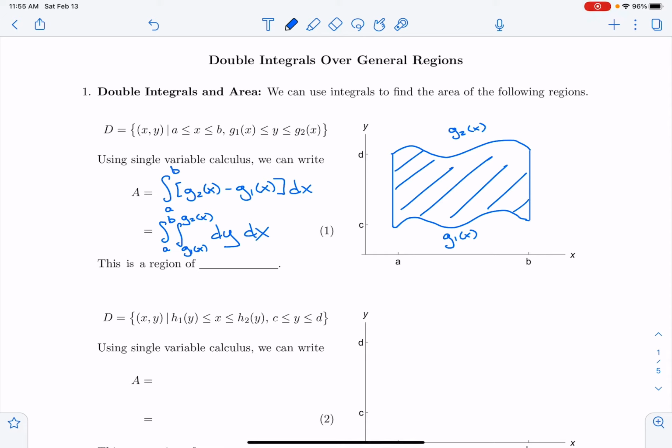Because if we integrate the inner integral dy, then when we evaluate that, we should just get g2 of x minus g1 of x. So this is a way to rewrite the area of a region using a double integral. And this type of region we're going to call a region of type 1. There's no reason that we're going to label this one in particular type 1, but that is the convention that we're going to use.